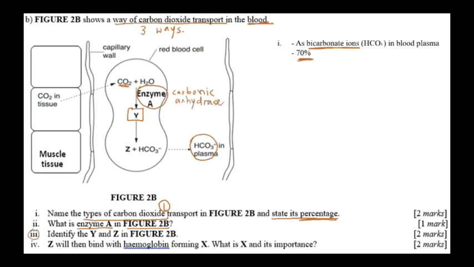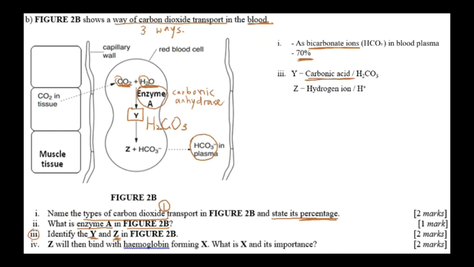Number 3. Identify Y and Z in figure 2b. So carbon dioxide combined with water, it will form H2CO3, or we also call it as carbonic acid.